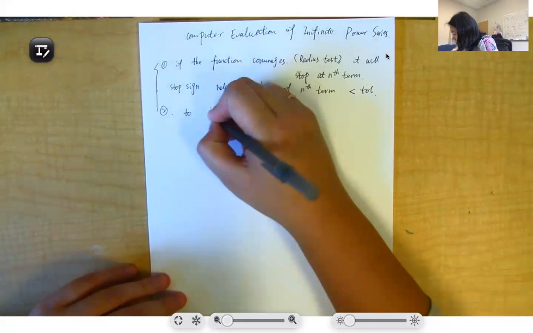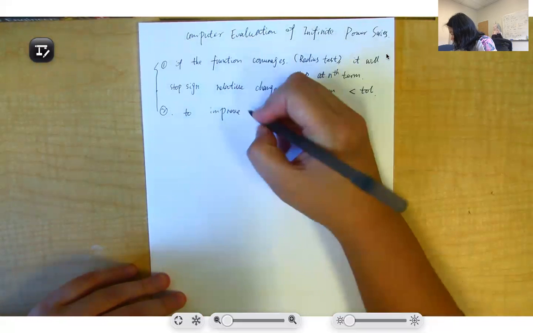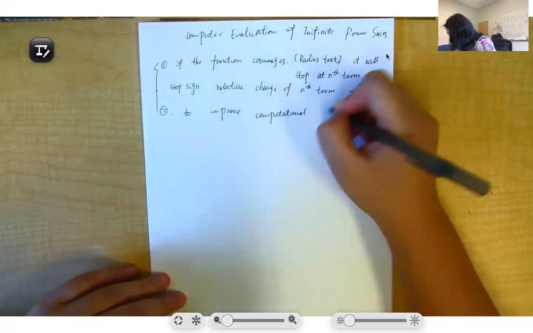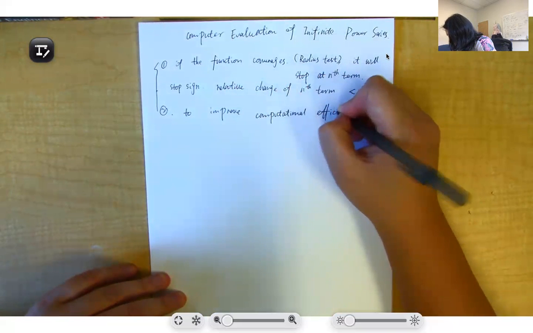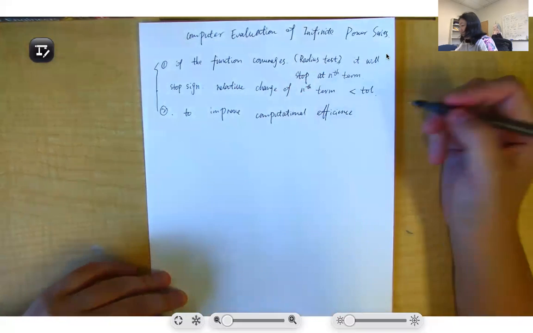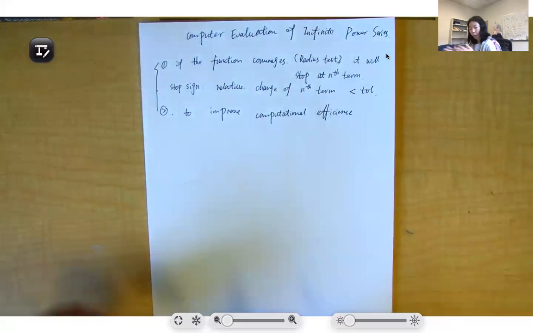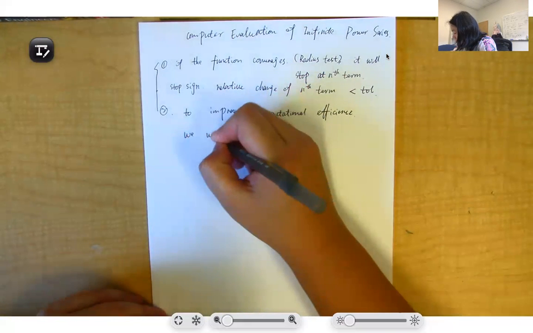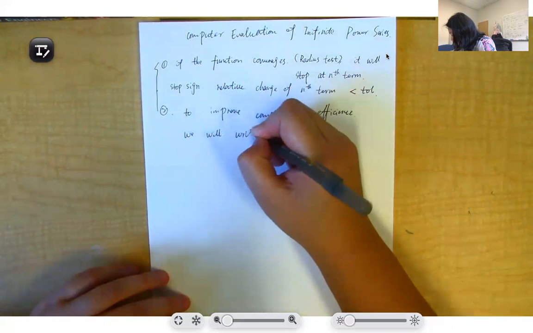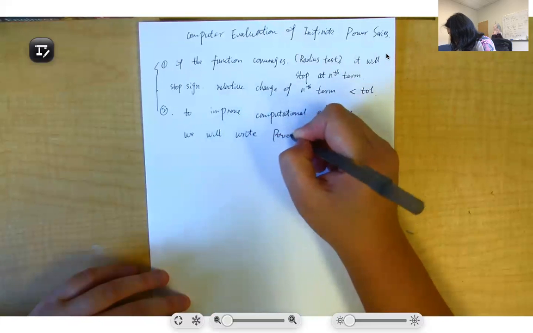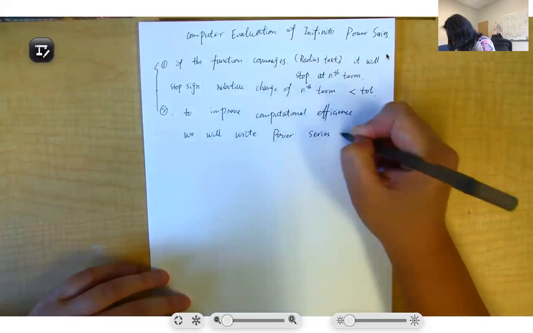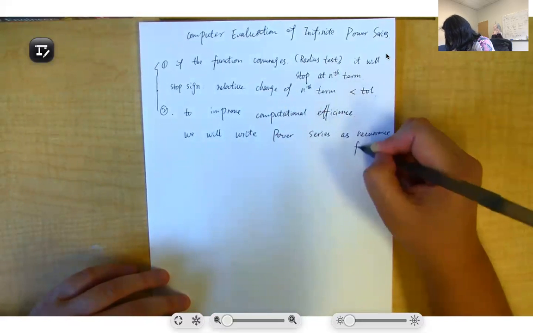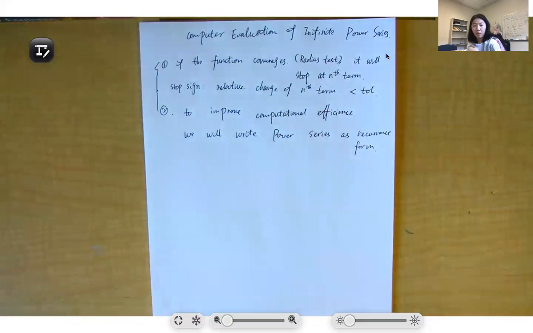To improve the computational efficiency, we will write the power series as a recurrence form. And what is the recurrence form?